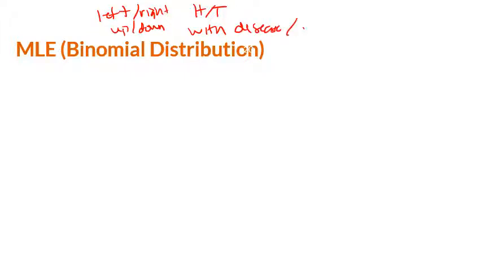Okay, let's now compute your maximum likelihood estimator for your binomial distribution. So yung binomial distribution, medyo useful siya sa atin, kasi meron kang dalawang cases. So usually, sa random walk natin, sa binomial distribution, meron kang left-right, pwedeng up-down, heads-tails, or pwede ding with disease or without disease.